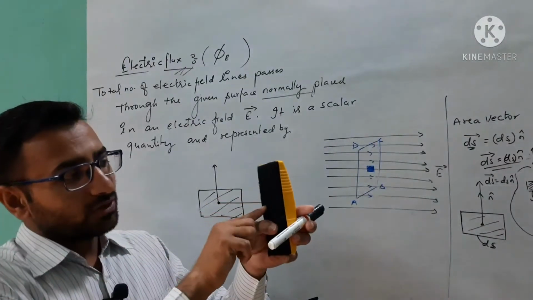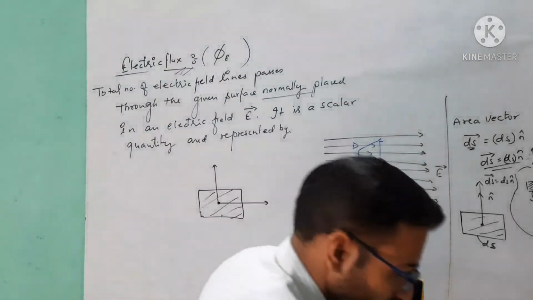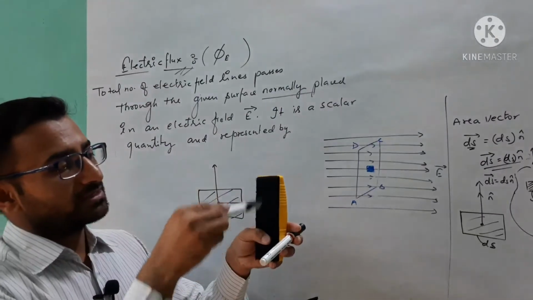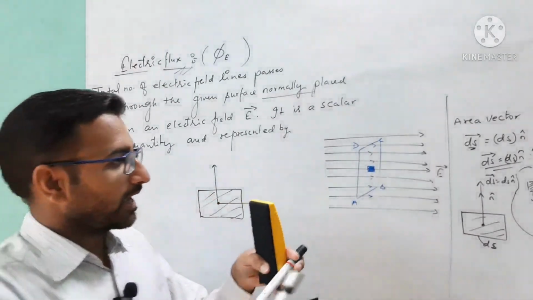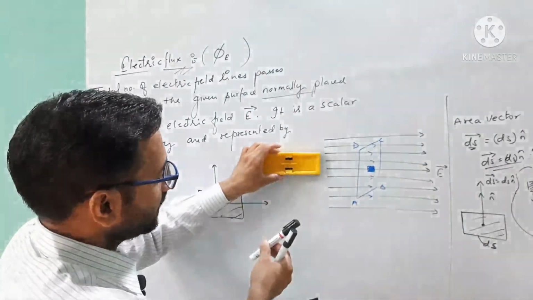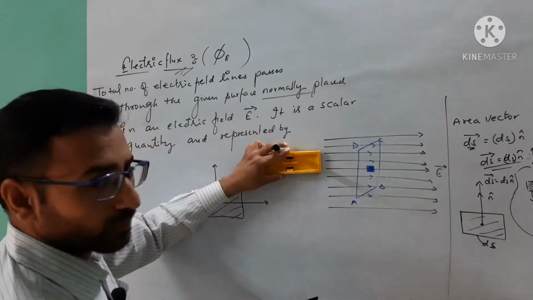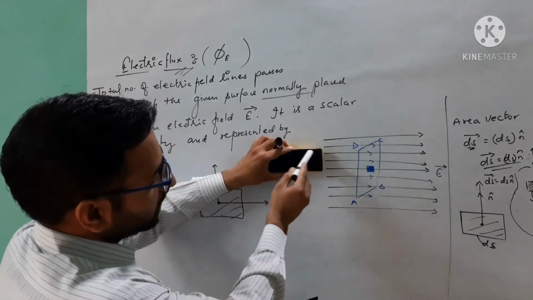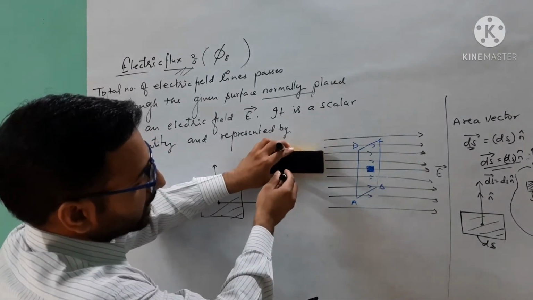When we talk about the area vector of this surface, where will it be? It will be normal to the given surface, like that. The electric field lines are passing through it vertically in the outward direction, and in the second case, the area vector of this surface will also be vertically outward.